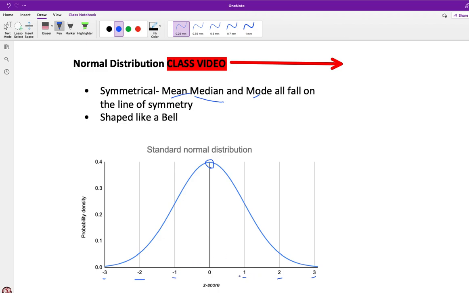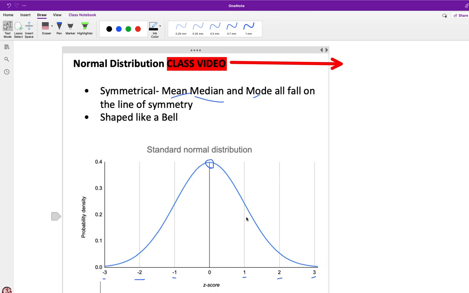Those numbers are standard deviations. So this would be +1, +2, +3 standard deviations from the mean, or -1, -2, and -3 standard deviations from the mean. We'll keep going through and learning what that is, so don't be too worried right now. The mean lands right in the middle, and now we have numbers that go along with our curve.